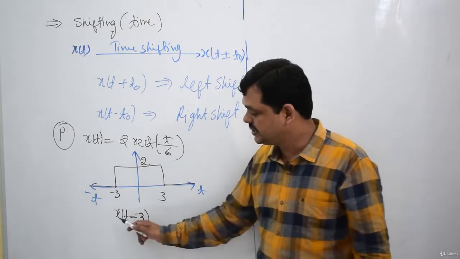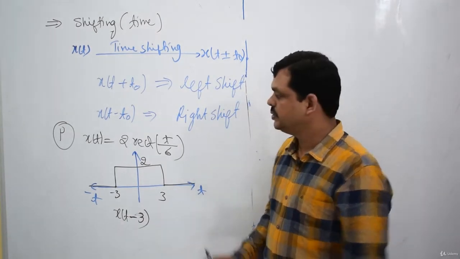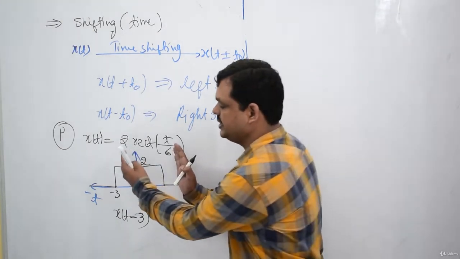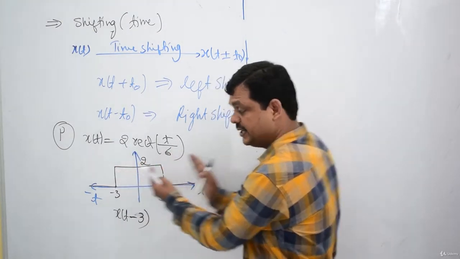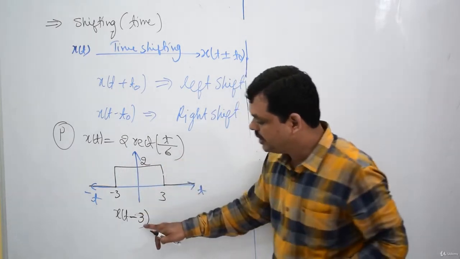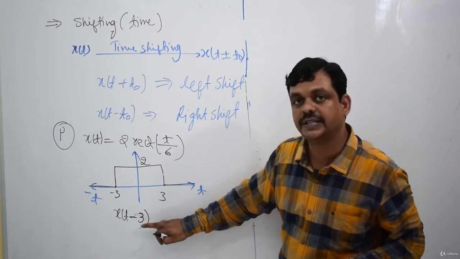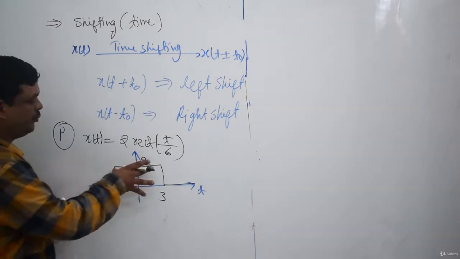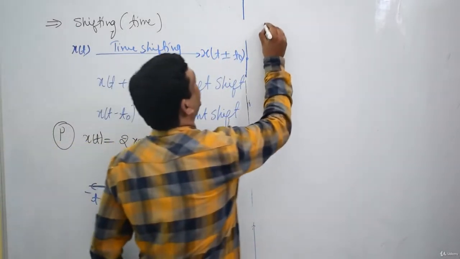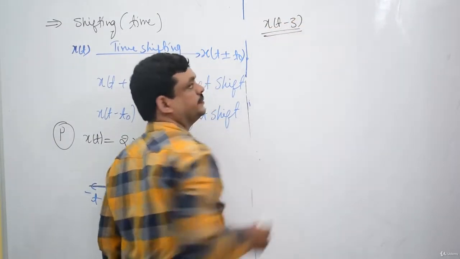Then the required signal is x of t minus 3. So x of t minus 3 explains this complete function shifted right side now. How many times here? This explains the number of times. The number of times is 3 times now. Now from this, the required signal is x of t minus 3.